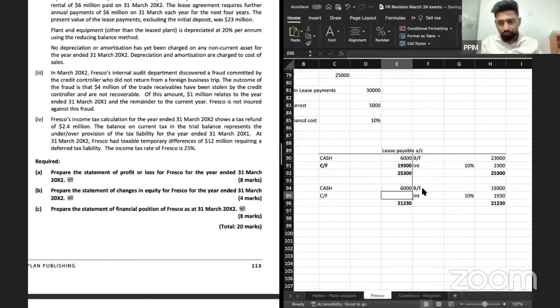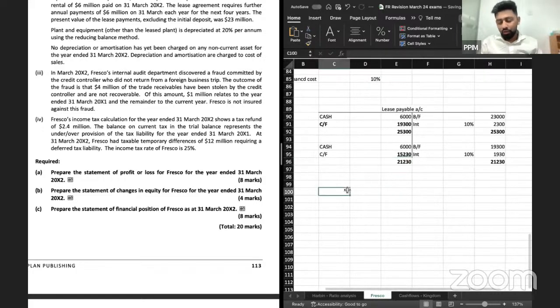This minus this, 15,230. Now, if the lease period is 6 years and 3 years have gone, you will go until fourth year. Now, the lease period was 5 years, 1 year gone, so I'm going until the second year. Understood? That's how it has to be.